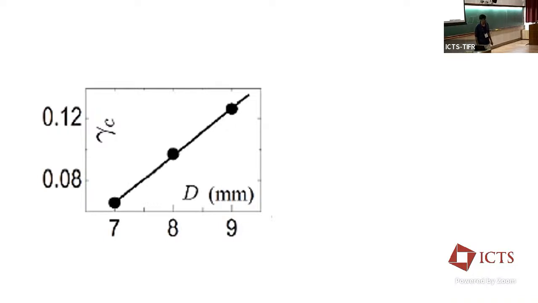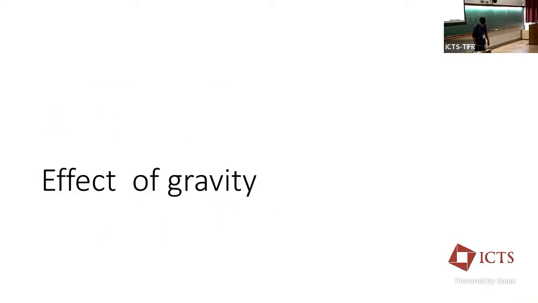So you could have asked the question: what happens if I push this particle diameter down? That's what it means right here, the critical strain diameter distance. I'll get to why it is so. I said this is under gravity, and gravity plays an important role in this particular problem.